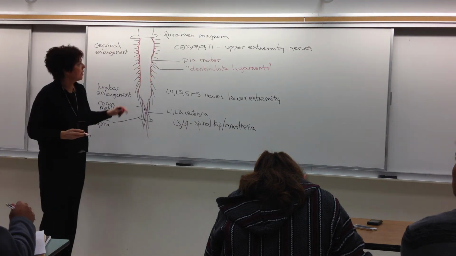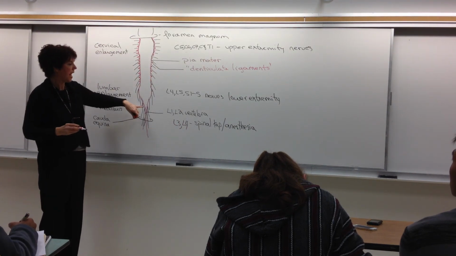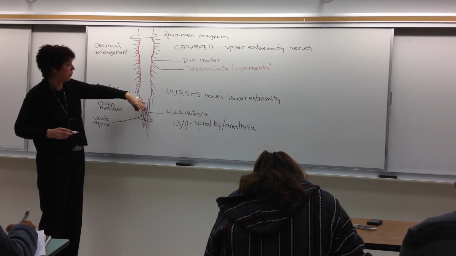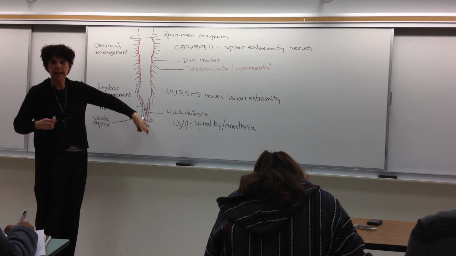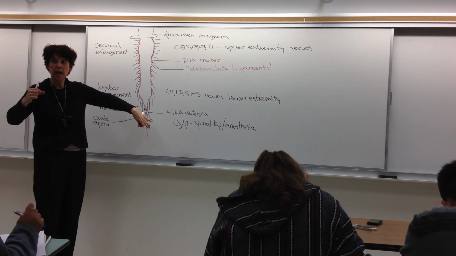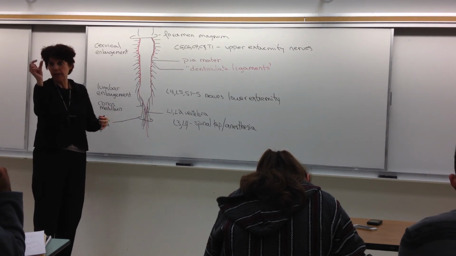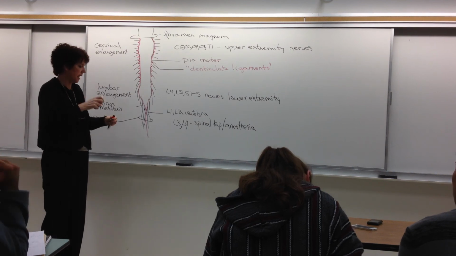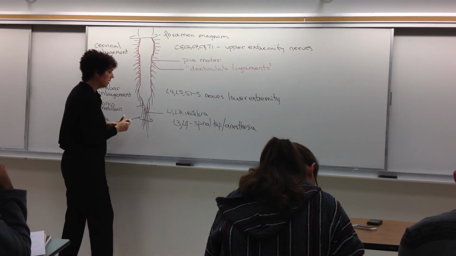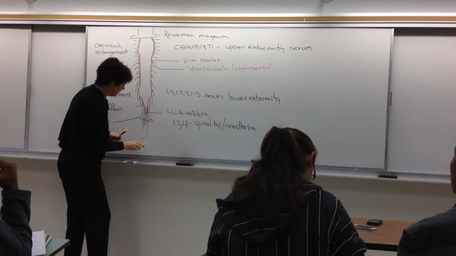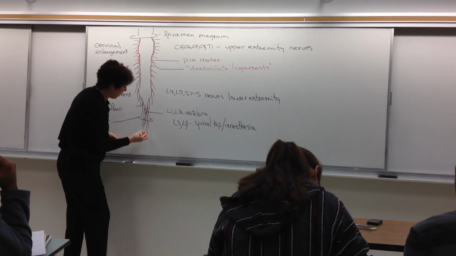The denticulate ligaments are formed of pia mater, and then when the pia mater reaches the conus medullaris and tapers to a point, it continues to extend as a single filament of connective tissue. It's mixed up with the nerves, but you can find it by going right to the tip of the conus medullaris. And this is anchored to, let me draw a little bit longer, it goes down to the coccyx.